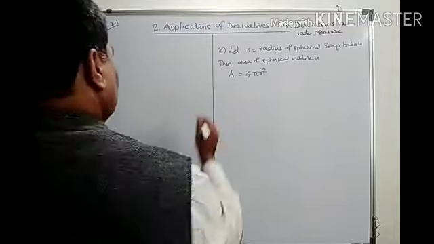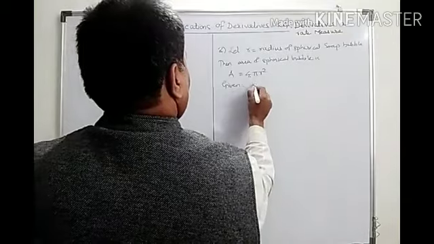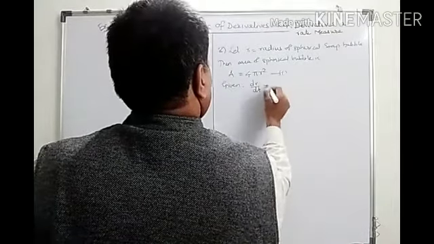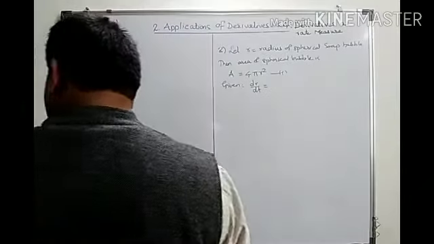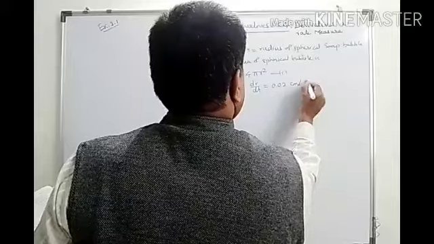Given dr by dt is equal to 0.02 centimeter per second.